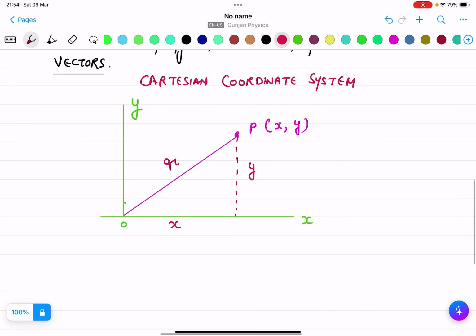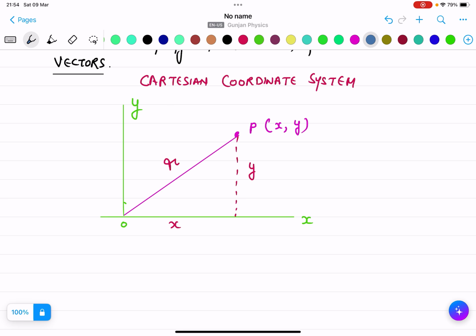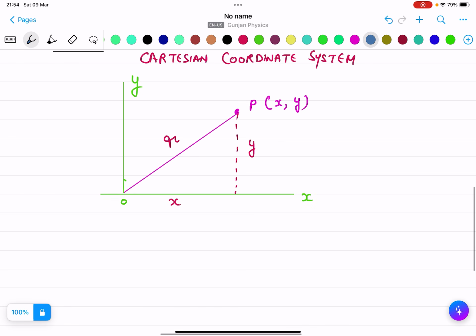Now we all know the sine, cos and tan formulas. There is a way to remember them: P B P. This is for sine, this is for cos, and this is for tan.